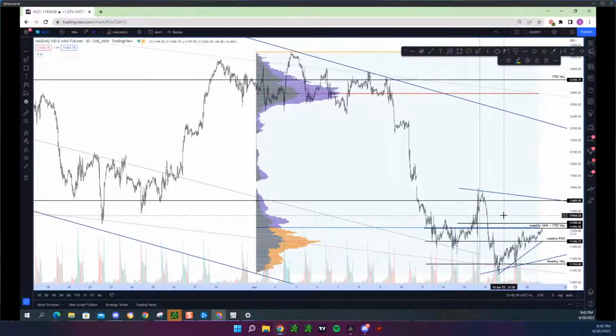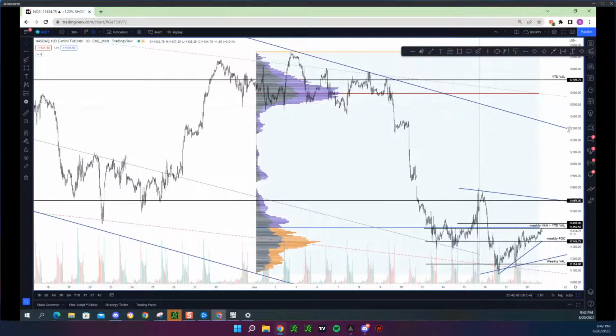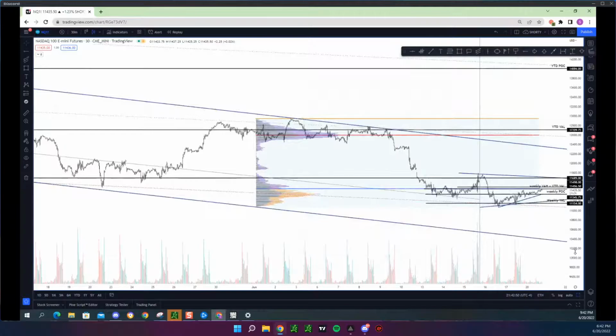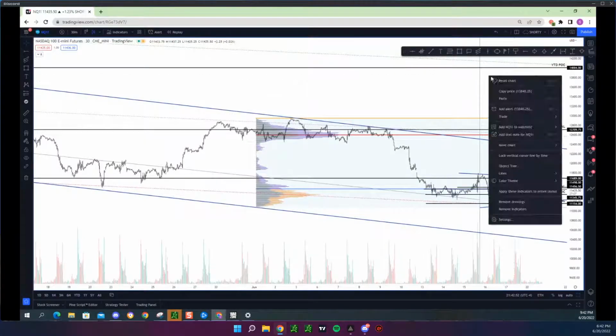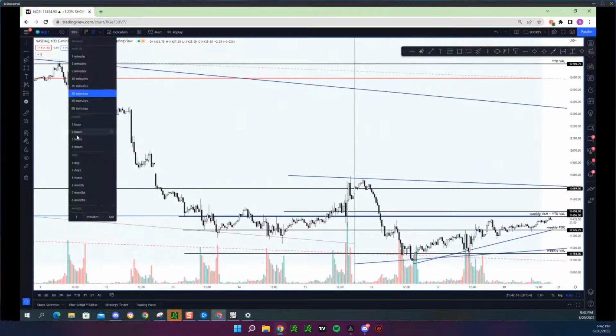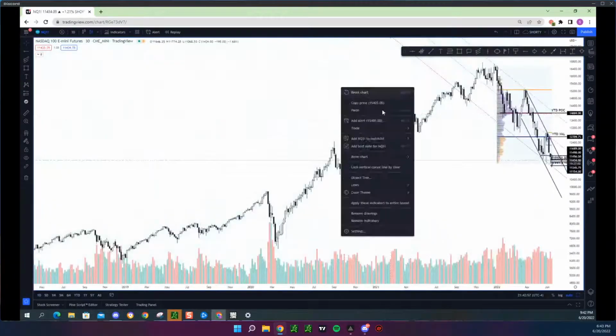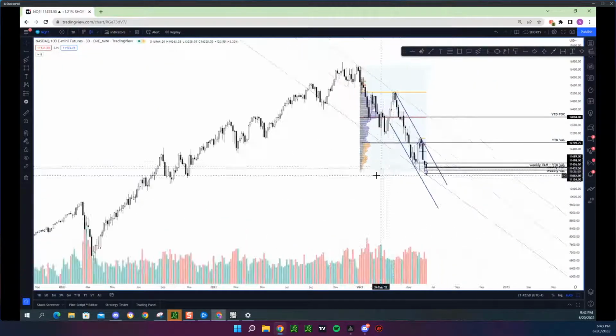Once we break this here, do you guys see much in between? Really not much stopping you to go all the way to this POC, which should be year-to-date. I'll probably mark the year-to-date POC. Yeah, year-to-date POC there.